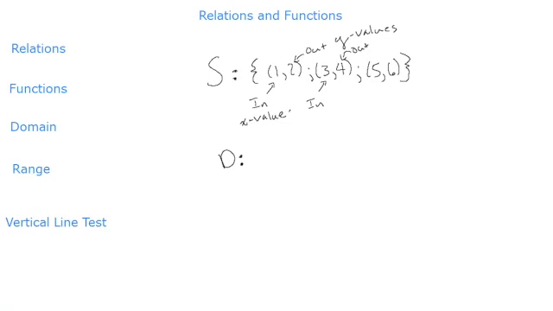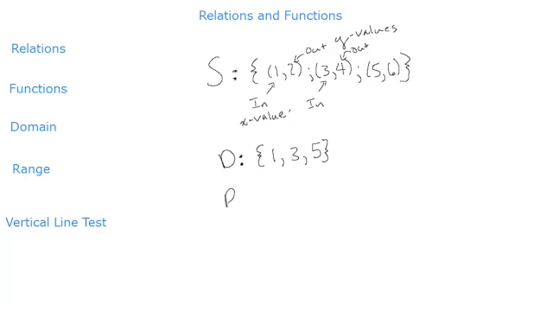The inputs, X values, absolutely correct. So the domain in this case would be 1, 3, 5. Y'all see that? Why? Because that is the set of inputs. Remember, domain, that's my inputs.